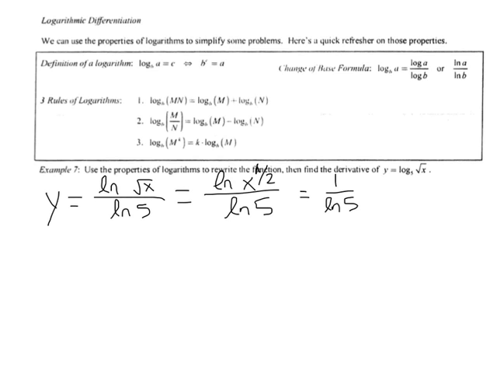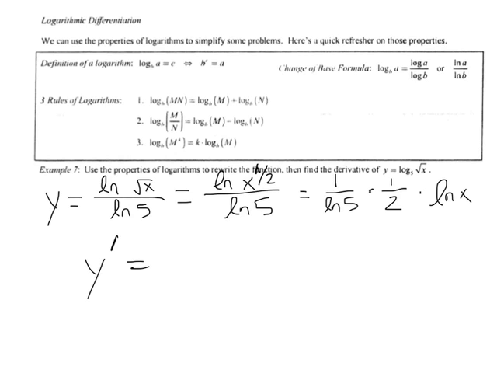Then I'm going to use the rule that says if I have a power there, the power can come down to the front. See how the power of k is now down in the front. So the power of 1/2 is going to come down to the front and be multiplying. So times 1/2, and then times natural log of x. And now it's written in a form that I could go ahead and find the derivative of y.